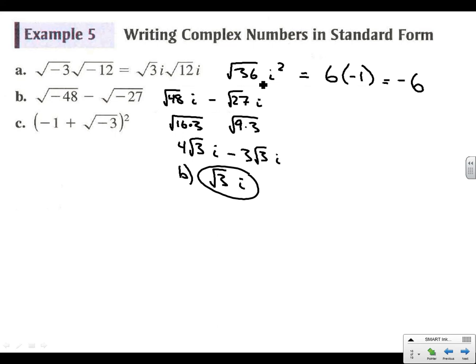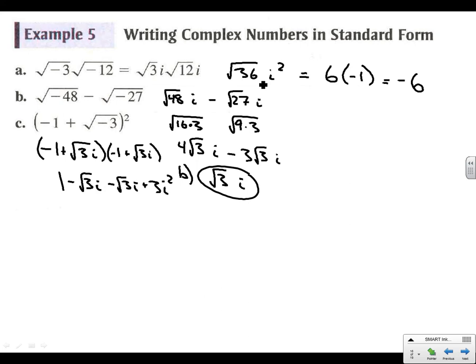All right, and so we'll finish up with C. Let's FOIL this thing. We're going to have negative 1 plus root 3i times negative 1 plus root 3i. And so our first, we're going to get 1. We're going to get minus root 3i, again minus root 3i, and then we're going to end up with plus 3i squared.